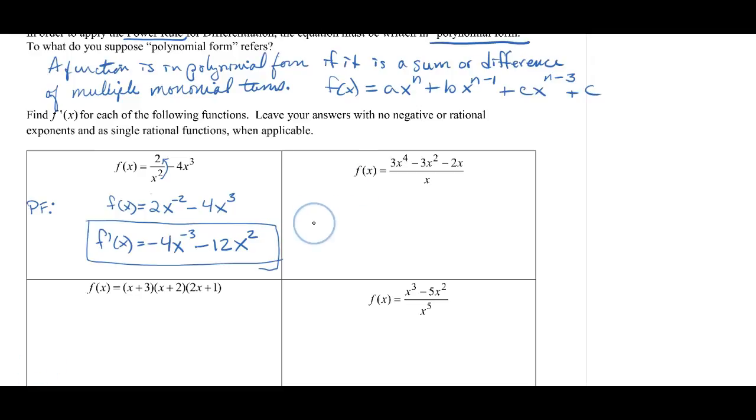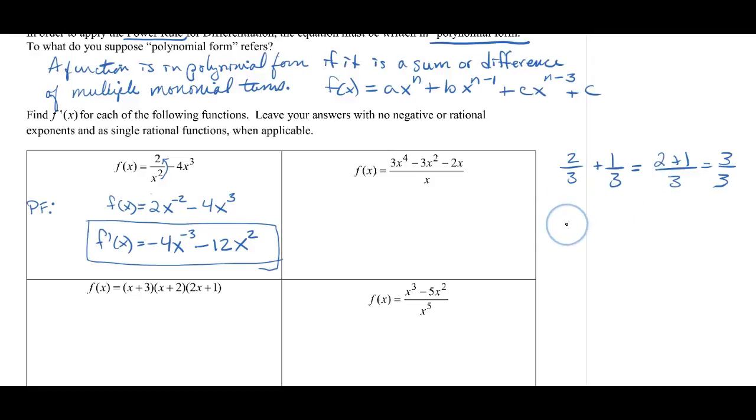In the second question, we see a second major way that we may need to rewrite a function in order to move it into polynomial form, and that is separating a fraction into its component parts. As you'll recall from algebra, you may have seen something like 2 over 3 plus 1 over 3, and you would add those together and make that 2 plus 1 over 3. And then you eventually simplify that and so forth. This is basic arithmetic.